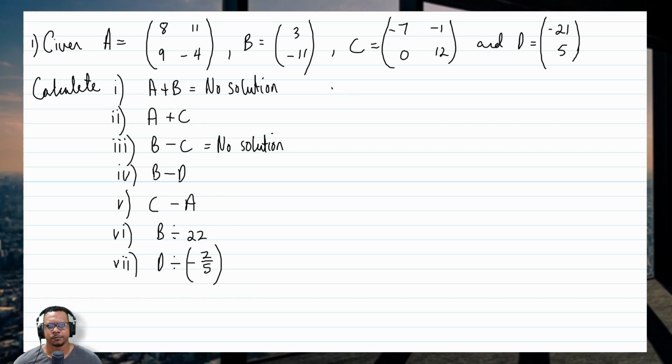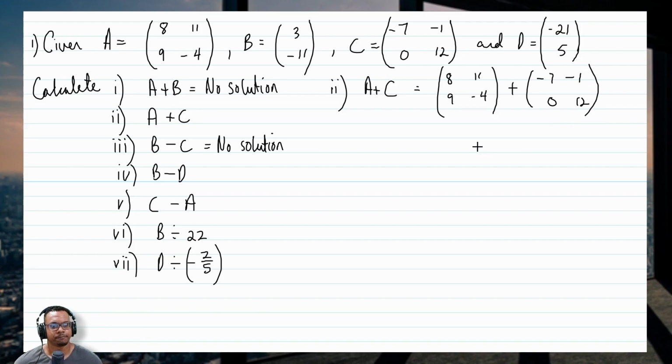Let's go with question 2. A plus C. So we're going to have 8, 9, 11, -4, plus the matrix C, which is -7, -1, 0, 12. Going quickly, as I say, if you're having trouble, write it out.